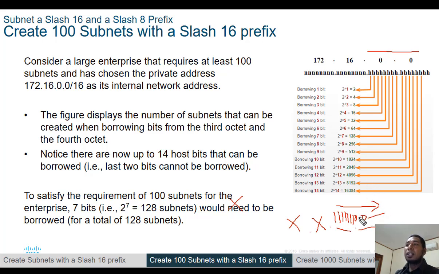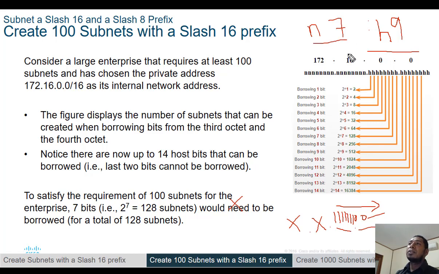Okay. So 7 bits were borrowed for the network. And then how many bits left for the host? So we have 8 bits plus 1. We have 9 bits for the host, okay.